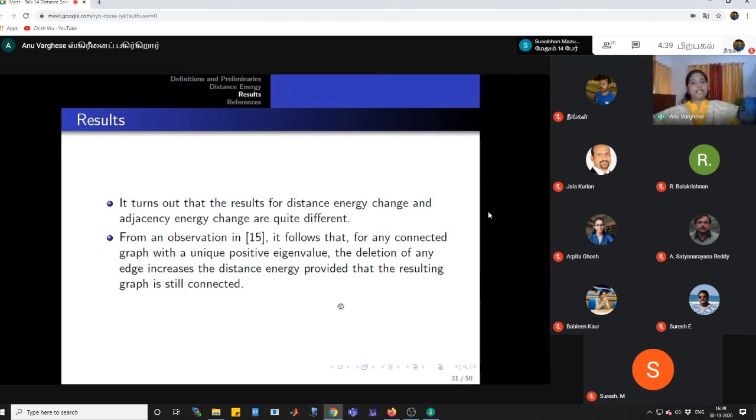If a graph has a unique positive eigenvalue, we know that the distance spectral radius increases on edge deletion. The distance energy is twice the distance spectral radius. So clearly, the distance energy will increase for graphs with a unique positive eigenvalue.